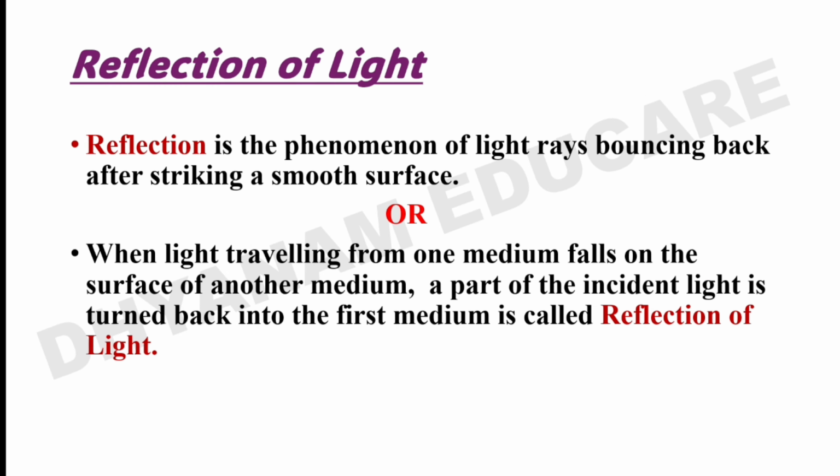Next we shall study the phenomena of reflection and refraction of light using the straight line propagation of light. Now first let us discuss reflection of light in detail. So, what is reflection? Reflection is the phenomenon of light rays bouncing back after striking a smooth surface.